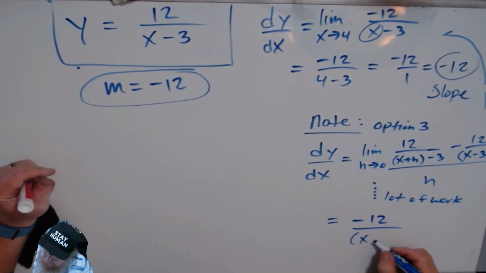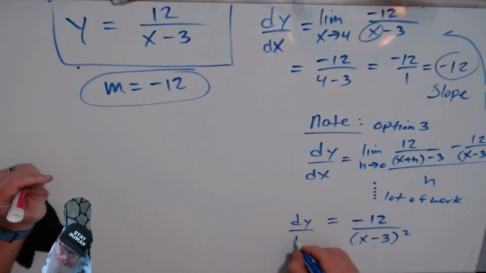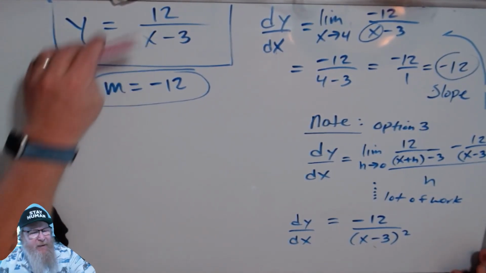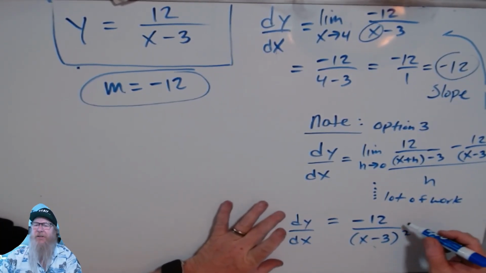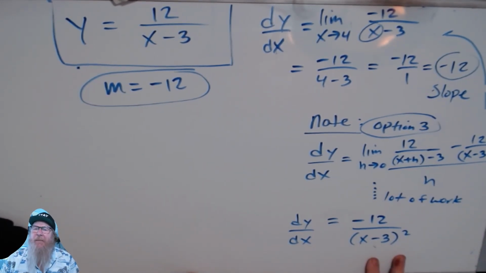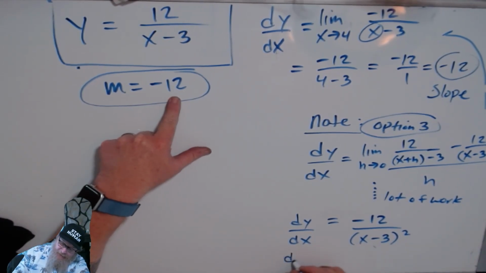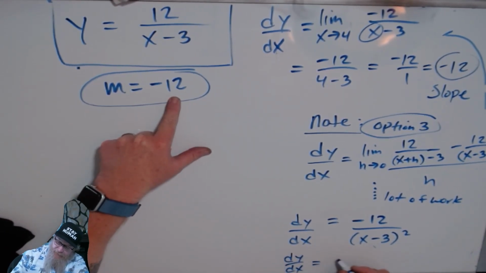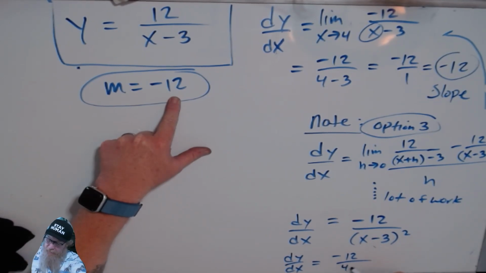For those of you that are curious, what about the other option? Would that have worked? I remember teaching this class in a classroom, and that's a very common question. What if I would have chosen one of the other options? This is what you would have gotten. Would you still get a slope of negative 12? Well, look, dy/dx, negative 12, plug in 4 minus 3.